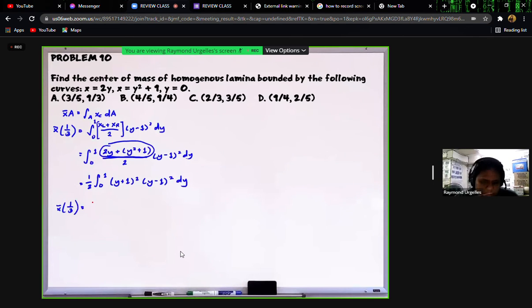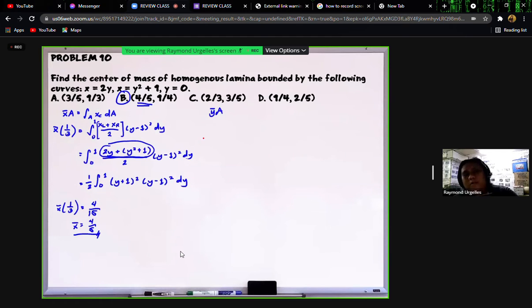This is x bar times 1/3, which equals 4 over 15. So x bar is equal to 4/5. We now have the x-coordinate. Looking at the choices, only one has 4/5 for x bar, so most likely this is the correct answer.